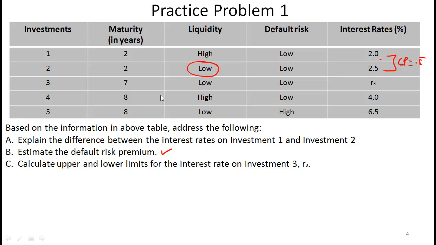The way you can do this is, let's say that for investment 4, the only thing we change is that instead of high liquidity, we make this low liquidity, and you'll see very shortly why I'm doing this. So if the liquidity is low, what will happen to the required return?